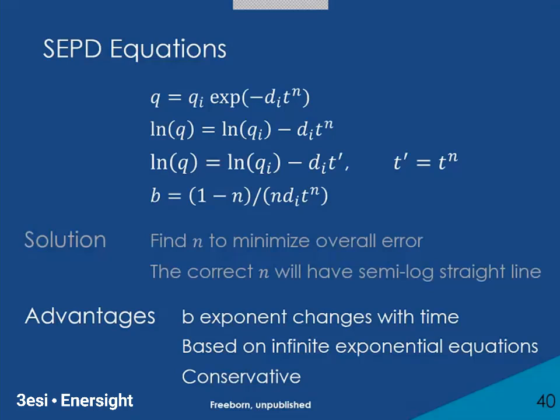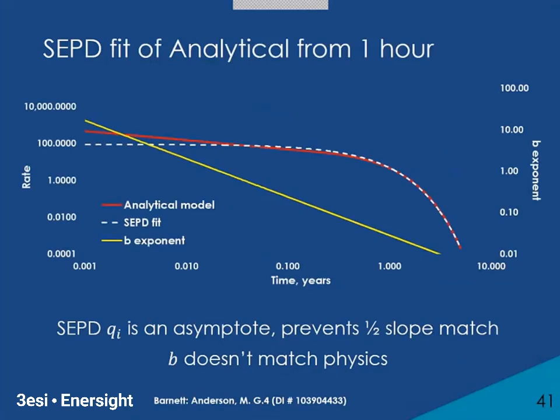And finally, the advantage that everybody liked is it curved down at the end. Some said, oh, it's predicting the end of linear flow, which it can't possibly do. Others said, well, it's just a conservative answer, so that's a better number to use. So that's why people wanted to use the stretched exponential equation.